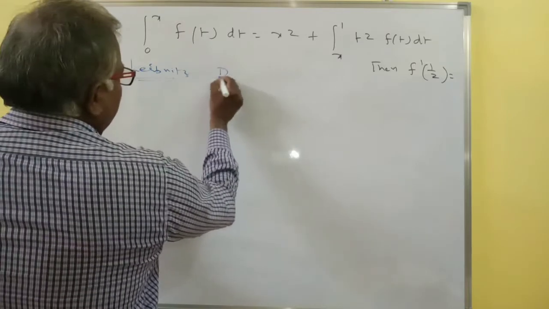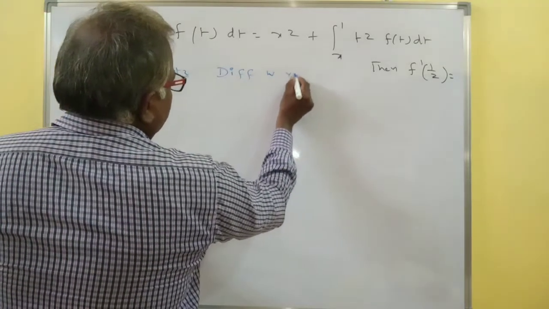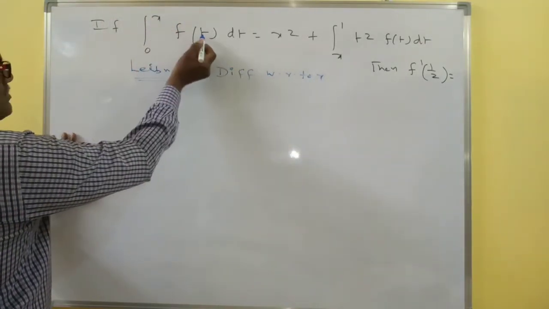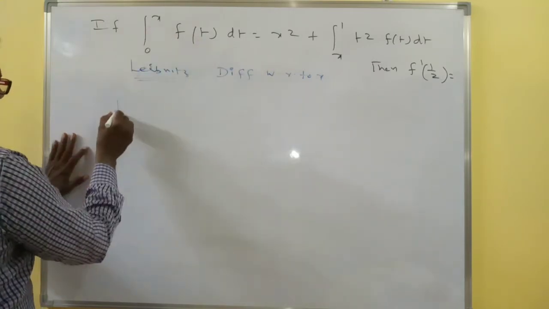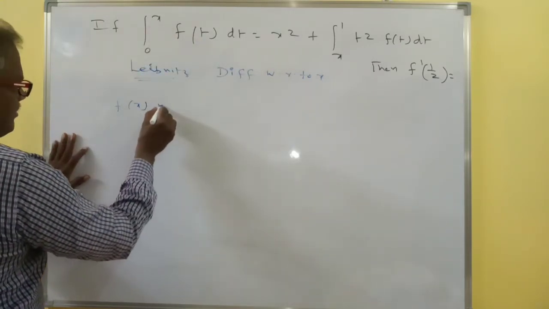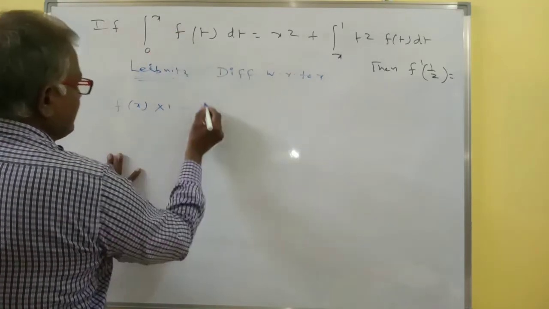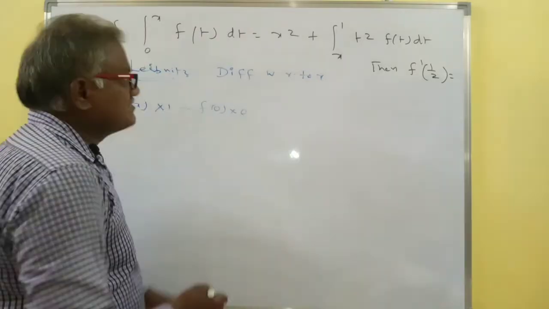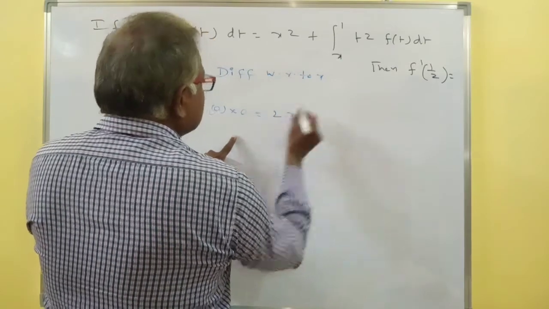Differentiate with respect to x. Okay. So simply first of all, substitute in place of t this x, that means f of x into the derivative of this one, that's all. Minus again f of 0, the derivative of this one is 0. Okay. Same here, the derivative of this one is 2x.